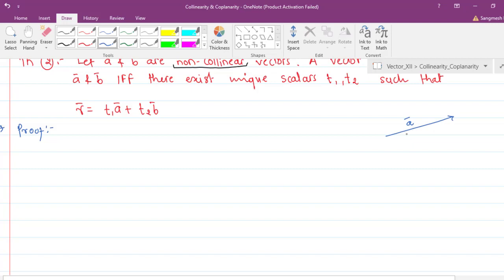If it is a bar and if it is b bar, okay, these are the two collinear vectors we are having. These two vectors along with some vector r bar, now you only tell me, are these three vectors coplanar vectors? Yes sir, of course, because here a bar and b bar are lying on the same plane. As they are collinear vectors, we can combine these two. We can say that these two vectors are lying on the same line.